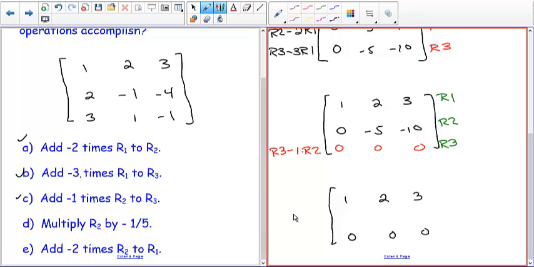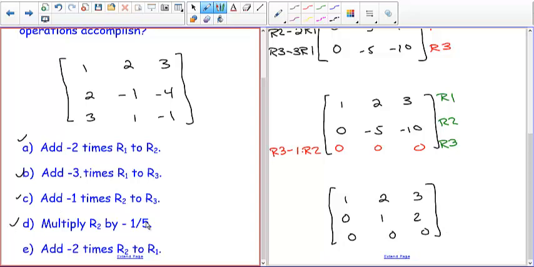We're going to make R2 and multiply by negative 1/5. Well, 0 times negative 1/5 is 0. Negative 5 times negative 1/5 is 1. And negative 10 times negative 1/5 is positive 2. So that's that.